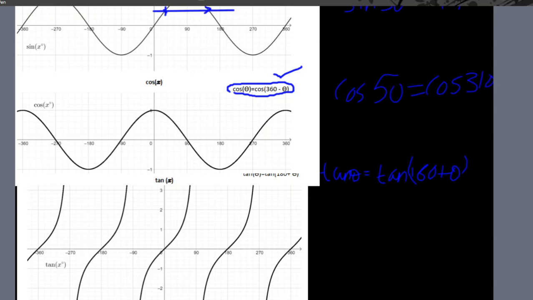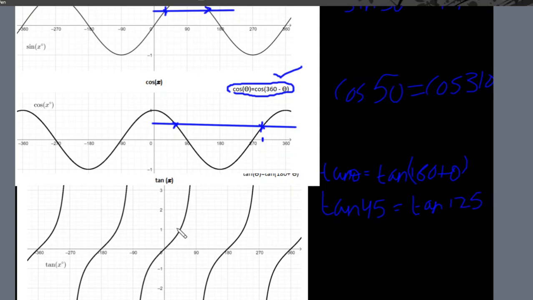Let's see from the diagram. Cos 50, let's say, is somewhere over here, and then cos of 310 will also be here. This would be 310. So they both have the same value. And similarly for tan theta equals tan 180 plus theta. So tan 45 will be equal to tan 125.